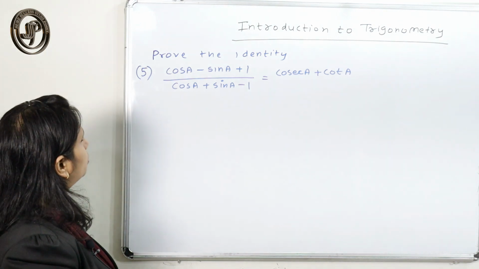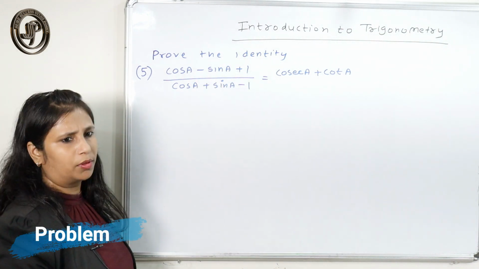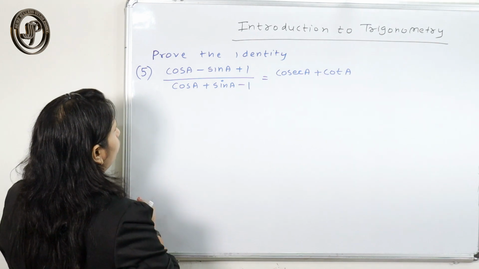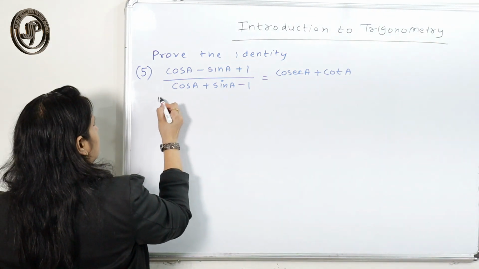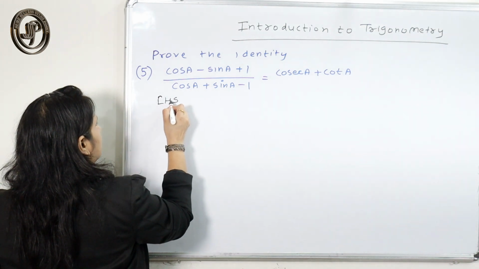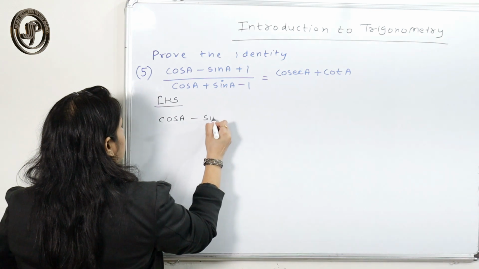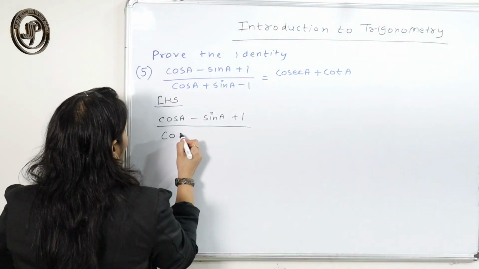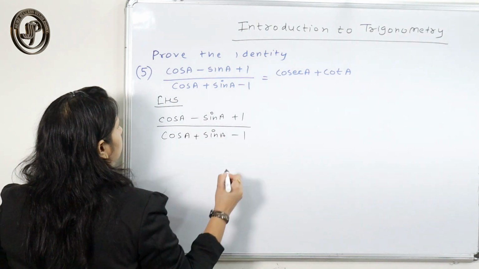So here in this question, there are 3 terms given. So here what can we do? First I just convert the LHS. First I can convert, this is cos A minus sin A plus 1 upon cos A plus sin A minus 1.